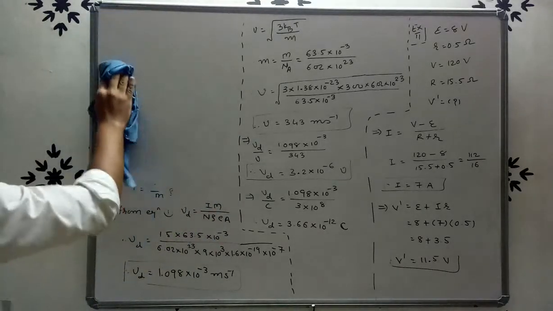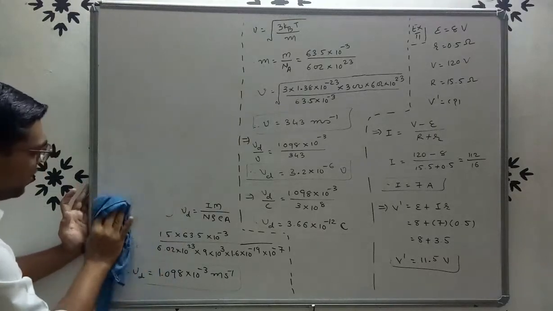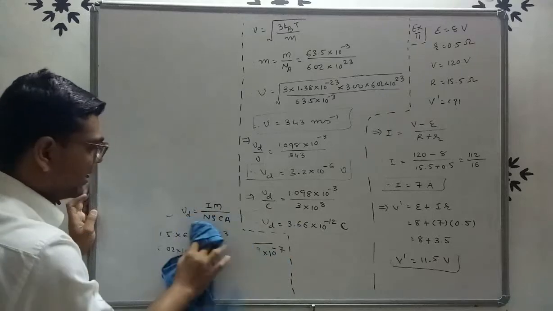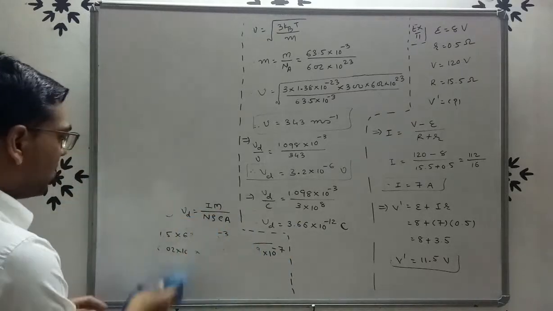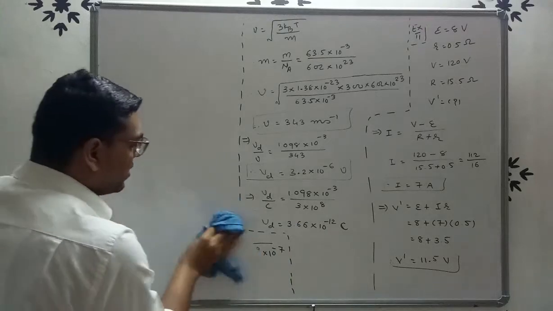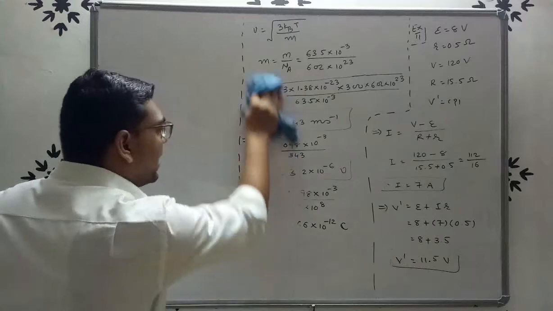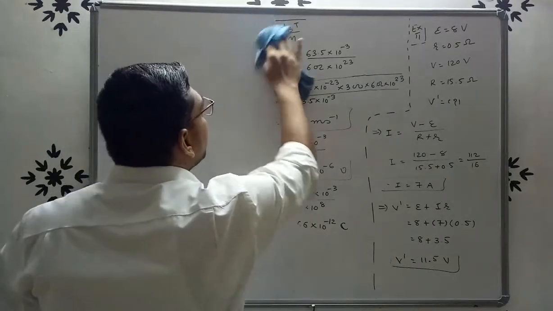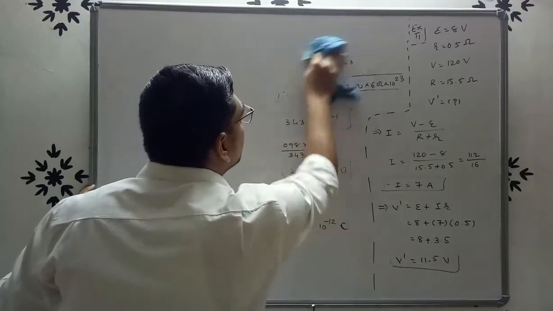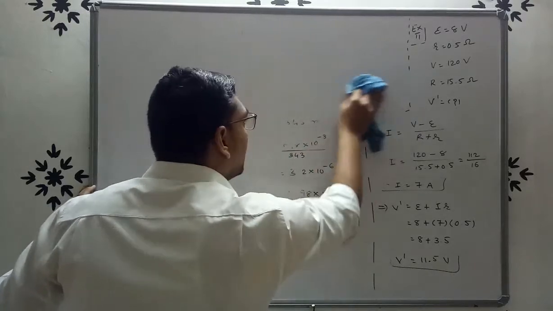Now our next example is an illustration, but first of all we recall the formula. We know that, friends, in series connection of resistors, the equivalent resistance will be R equivalent is equal to R1 plus R2 up to so on Rn, right?